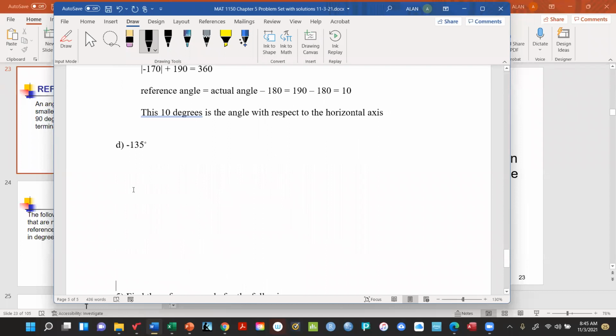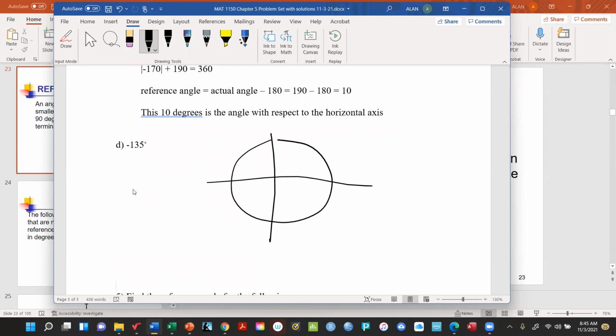So you'll recall, and we already had this example once before, negative 135 means you're coming through the fourth quadrant, and then another 45 degrees. In other words, think of this as 180, 45, and a total of, no, sorry, I messed it up again. This is 90. Much better. Yeah, this is 90.